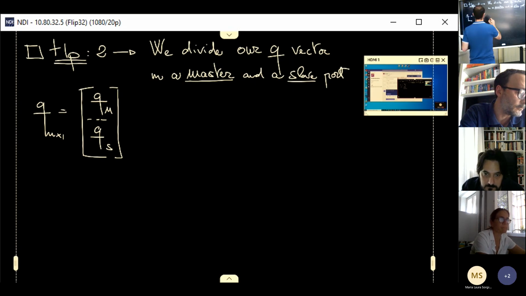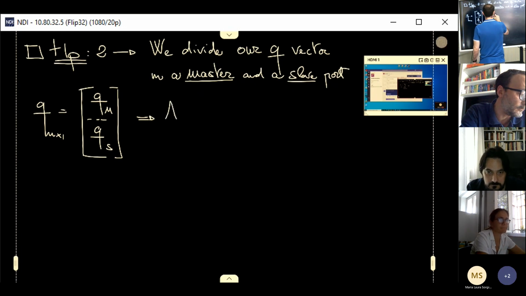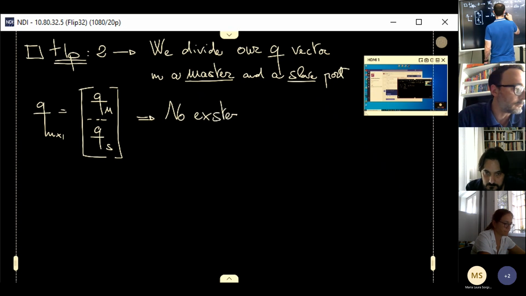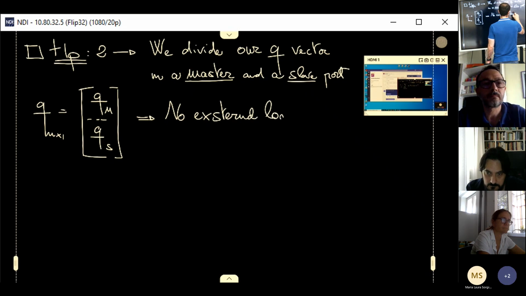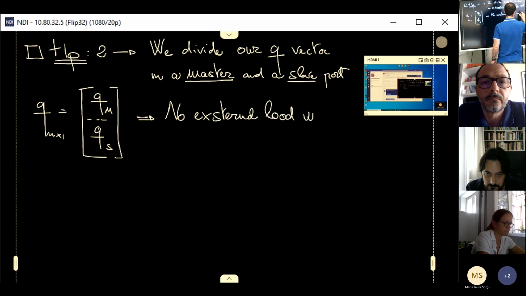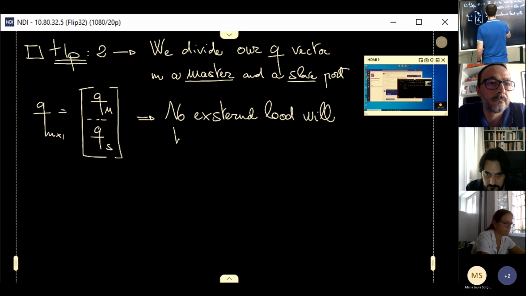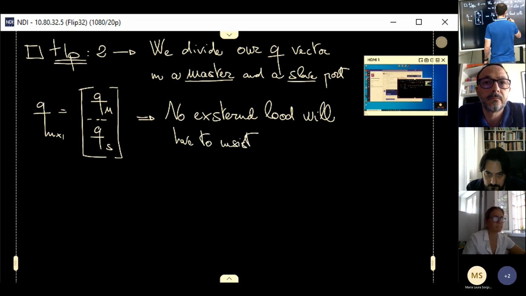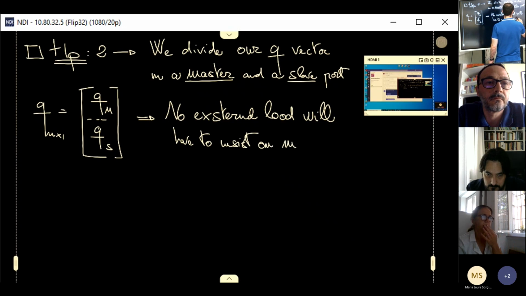Now, the condition that we have to satisfy is the following. No external load will have to insist on master nodes.